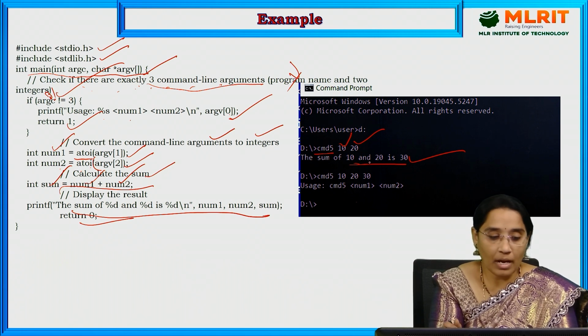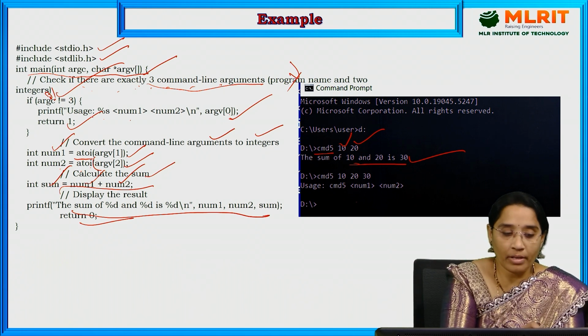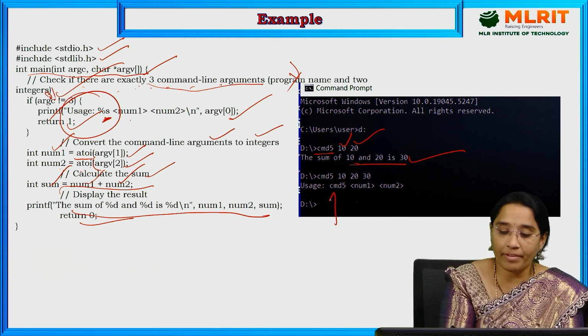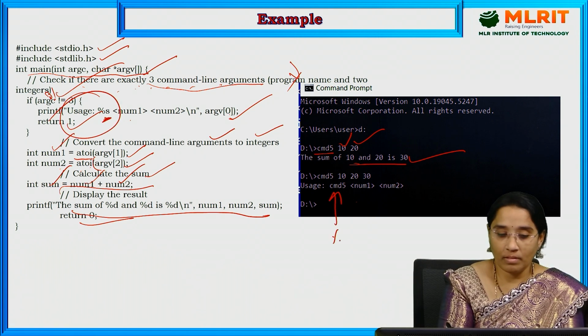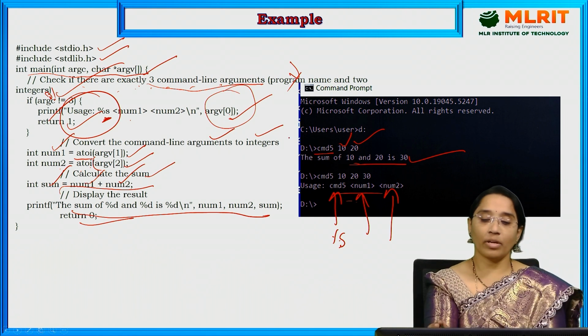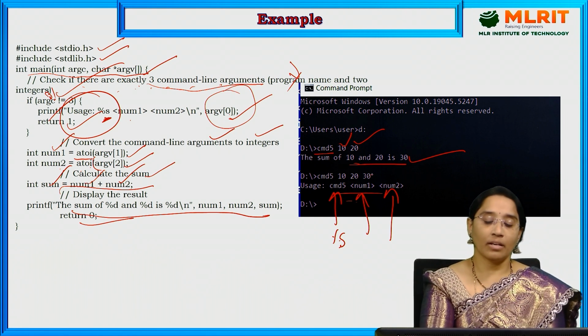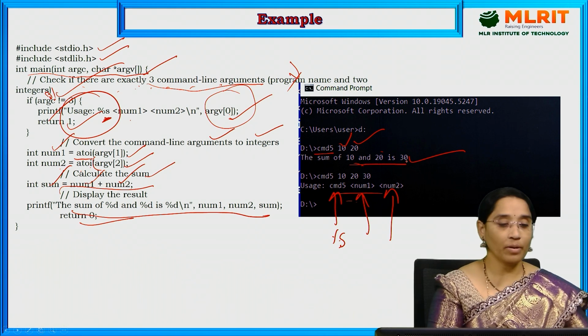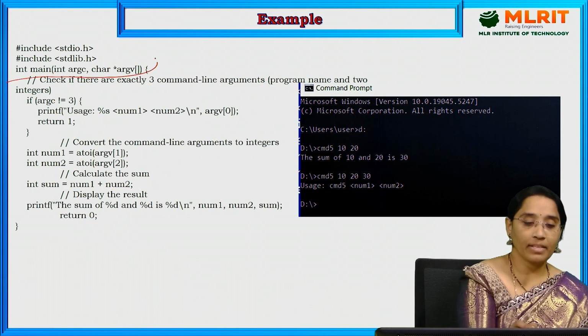The usage is cmd5, the name of the file, %s being one of the strings, that is cmd5, then num1 num2. These are the character array. So you get the result as 10 plus 20, that is 30.